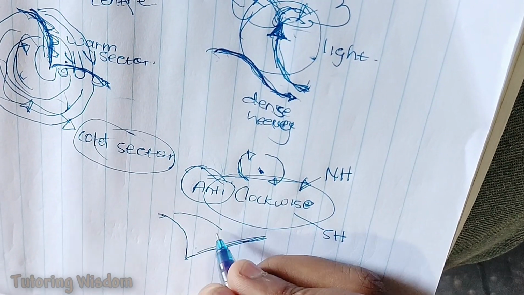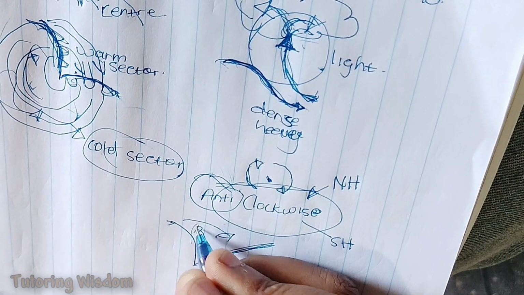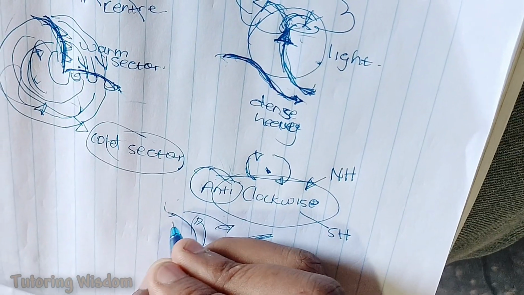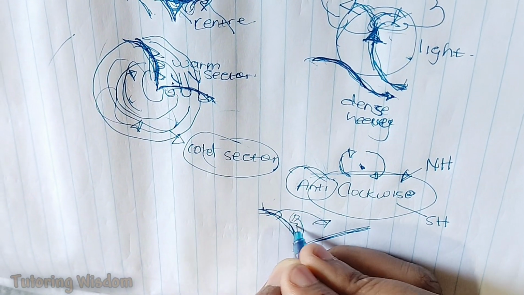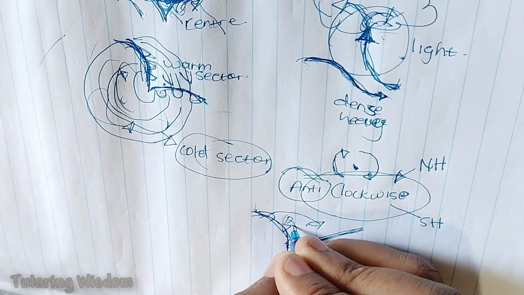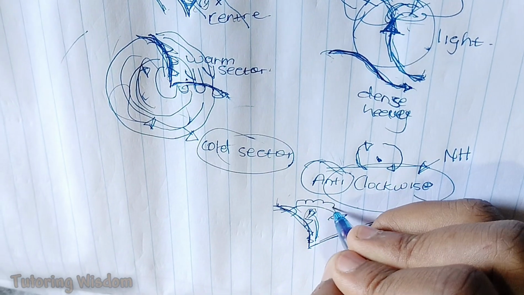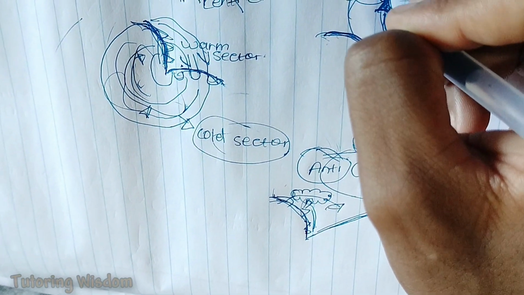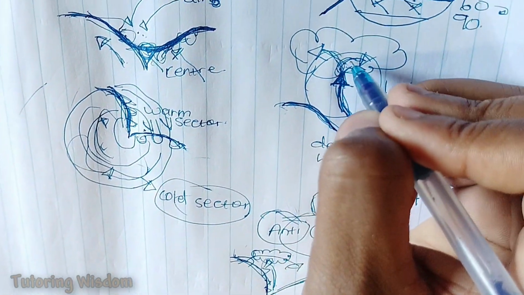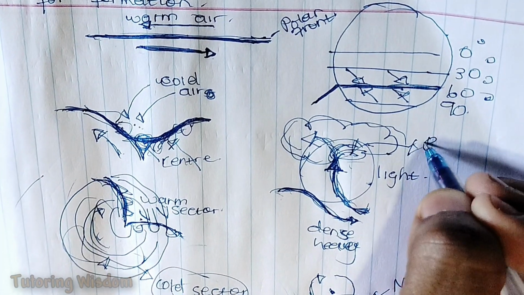So warm air is flowing on this part, right? So it starts rising on the steep gradient of the cold front, which is this one, right? That's your cold front. So it starts rising on that gradient and forming what? Cumulonimbus clouds. Remember, we said when more warm air rises, it condenses and forms clouds which will cause rain or thunderstorms.